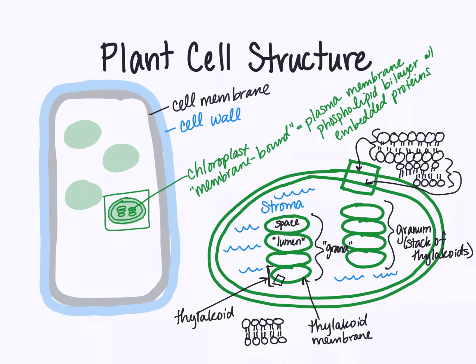Now, one reason why we are spending so much time talking about the structure of a chloroplast is because this is where the reactions of photosynthesis occur. The light reactions happen in the thylakoid membrane.